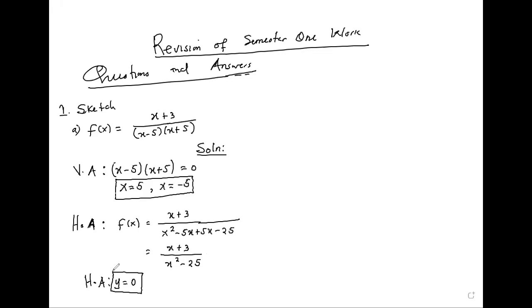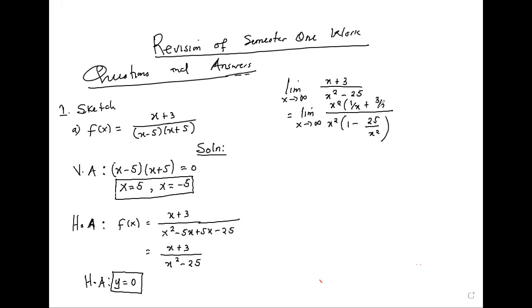Or if you went for the limit method as x goes to infinity, then you would say x plus 3 over x squared minus 25 is equal to the limit as x goes to infinity. Factor out x squared from the bottom, then you have 25 over x squared, and on top x squared, then you have 1 over x plus 3 over x squared.